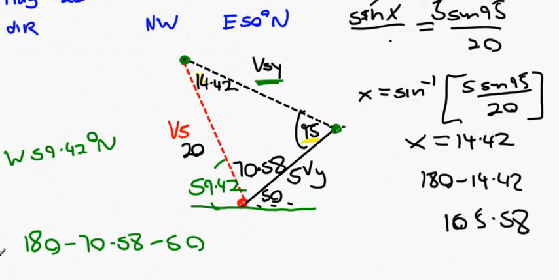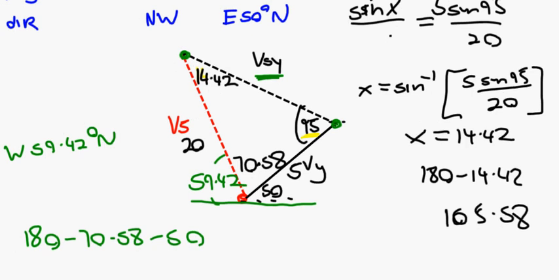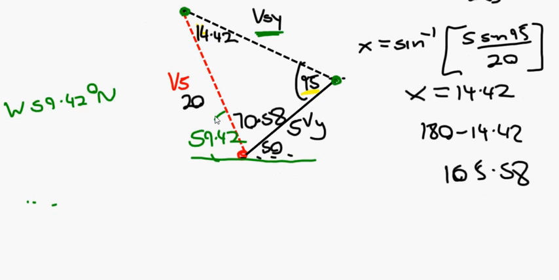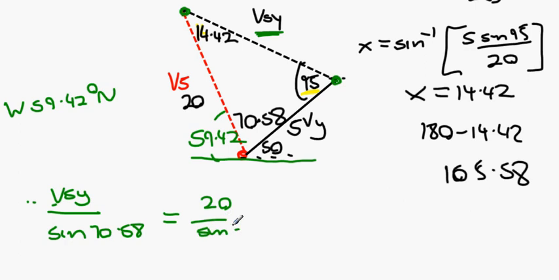So what we're going to do is find out what the relative velocity is. So it is this side here. So we're going to use the sine rule. So we get the relative velocity divided by sine 70.58 equals 20 over sine 95.